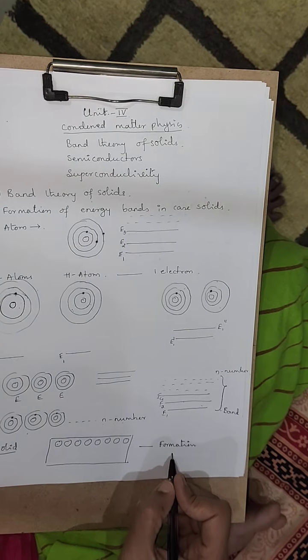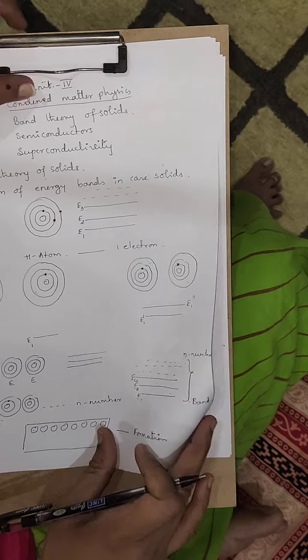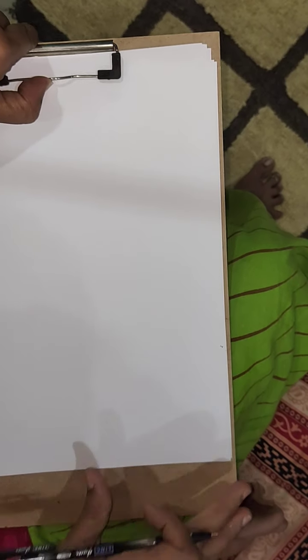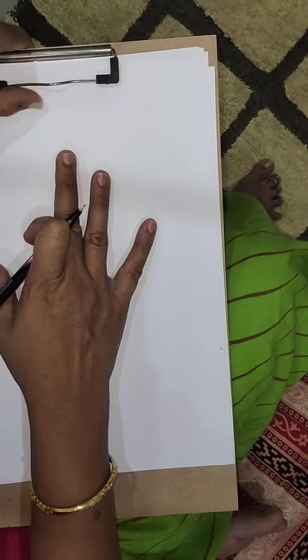Now these energy bands can be classified into two groups. One is the valence band and another one is the conduction band, which will tell us how these solids are classified into three main types: the conductor, insulator and the semiconductor. So let's take the bands now.